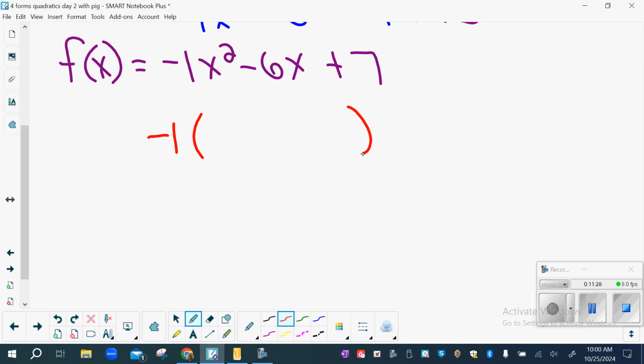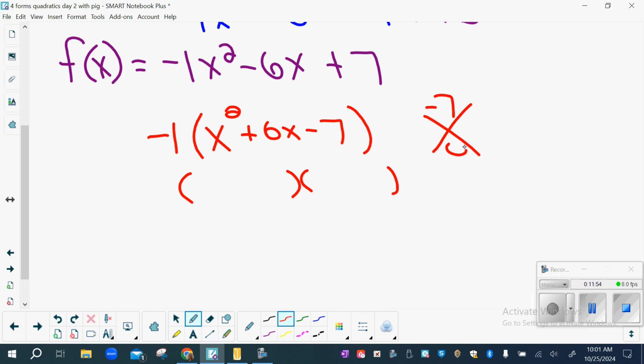X squared plus 6x minus 7. Factors of 7 that will subtract to be 6. 7 and 1. Little parenthesis action for those of you who do your little xy guy.